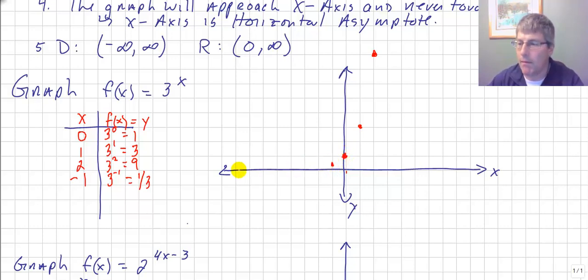If we input negative 2, we get 3 to the negative second power, which is 1/9. So we're getting closer and closer to the x-axis. We will connect all these with a smooth line, and we have the graph of our exponential function.